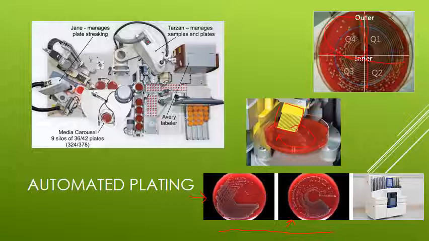Okay, and this is just a picture of what one looks like. And from the top, you can see it's pretty busy. There's a lot of stuff going on here. But when you add barcode readers and label makers and things like that, you're just loading your urine cups onto this queue, and the machine takes care of the rest of it.